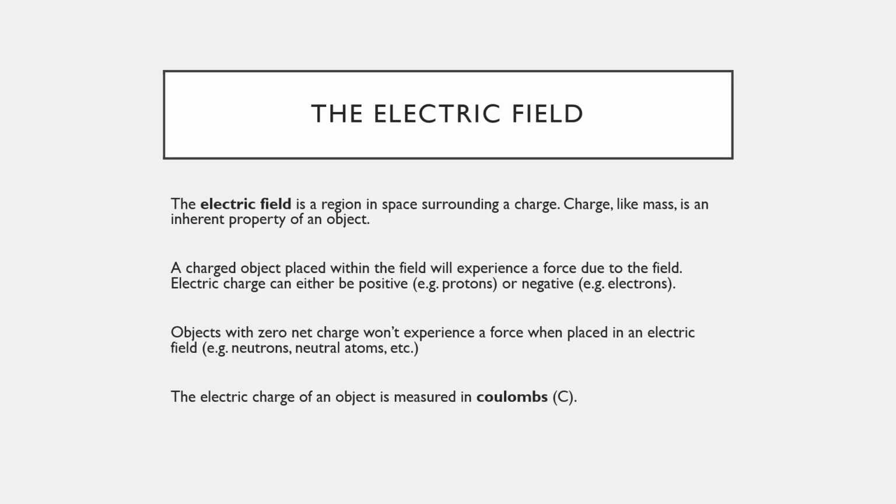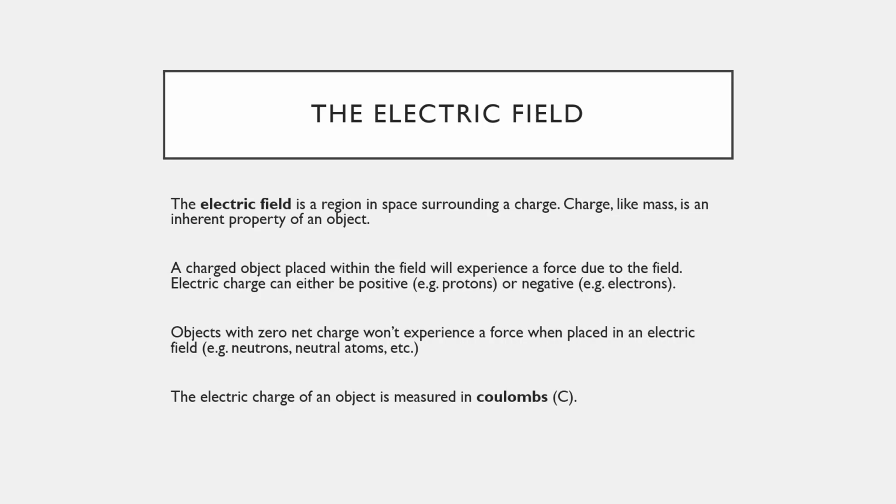Now, just like with the gravitational field, if you put an object with mass inside a gravitational field, it will experience a force, because mass is the property that reacts to a gravitational field. In an electric field, if an object has charge and you place it in an electric field, it will experience a force as well.